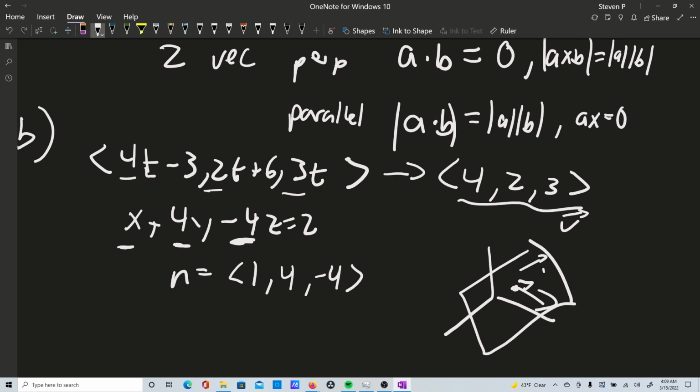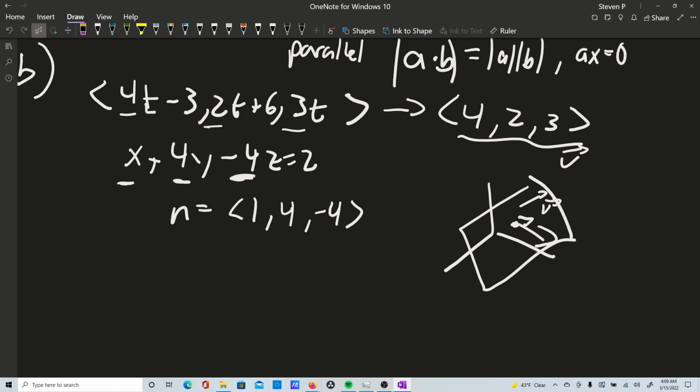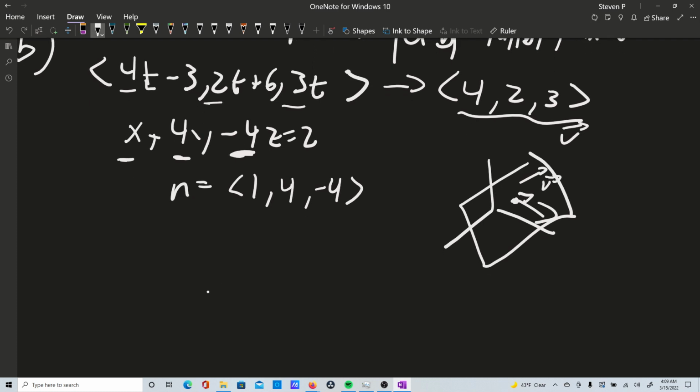Let's say v goes like this. If v is inside the plane, then it's going to be perpendicular to the normal vector. Likewise, if v is perpendicular to the plane, it's going to be parallel to the normal vector. You got that? So the normal vector sort of captures all the information about the plane, but kind of opposite, so to speak. So let's go ahead and test v dot n and see what happens.